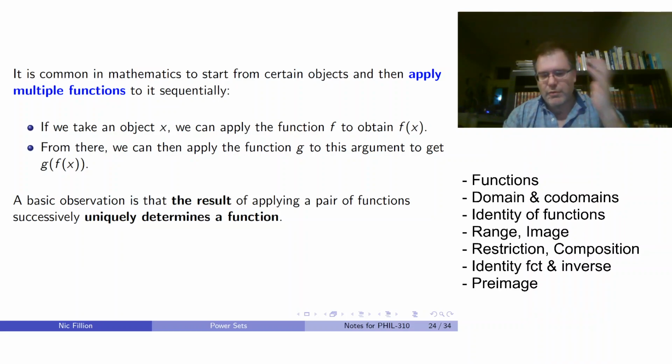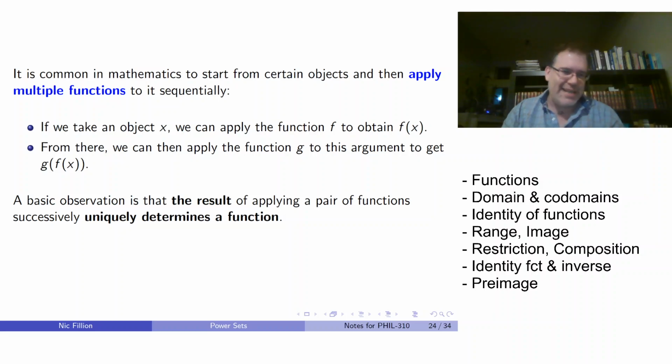And the question that we want to ask is, can we think of applying a bunch of functions in a row as applying just one function that is perhaps a little bit more complicated, or that is perhaps the net result of applying all those functions? Is this net result itself a function?